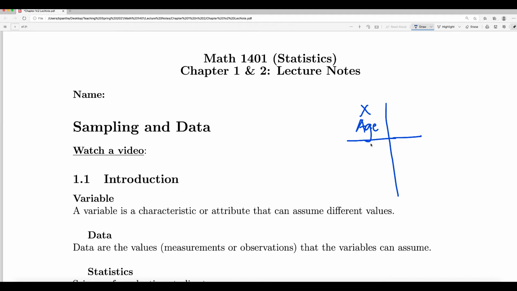So that age could be 24 years or 76 years or 82 years and so on. So these are the data that you are collecting, okay? So the variable is the characteristic or the attribute that can assume different values, and the values of the variable are called the data, okay?